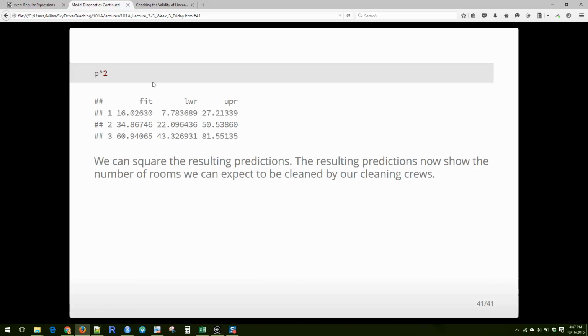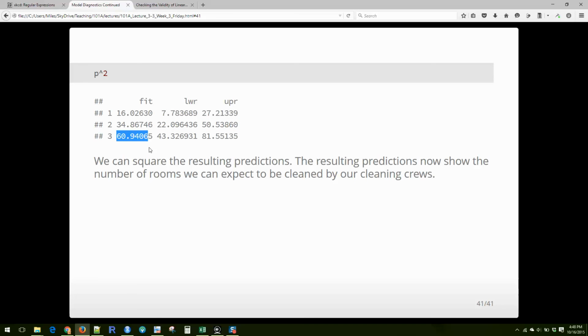So what this says is if I have 4 cleaning crews, my best guess is we're going to clean 16 rooms, but my prediction will be anywhere between basically 8 rooms and 27 rooms. If I have 9 cleaning crews, my best prediction is around 35, but I'm going to estimate anything between 22 and 50.